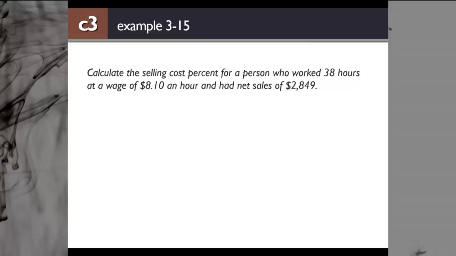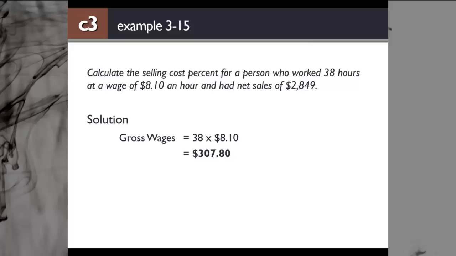What you have to do first, if you remember, is calculate the gross wages, which is the hours the person worked multiplied by the hourly wage of 8.1. So now you get $307.80 as the gross wages of that salesperson.